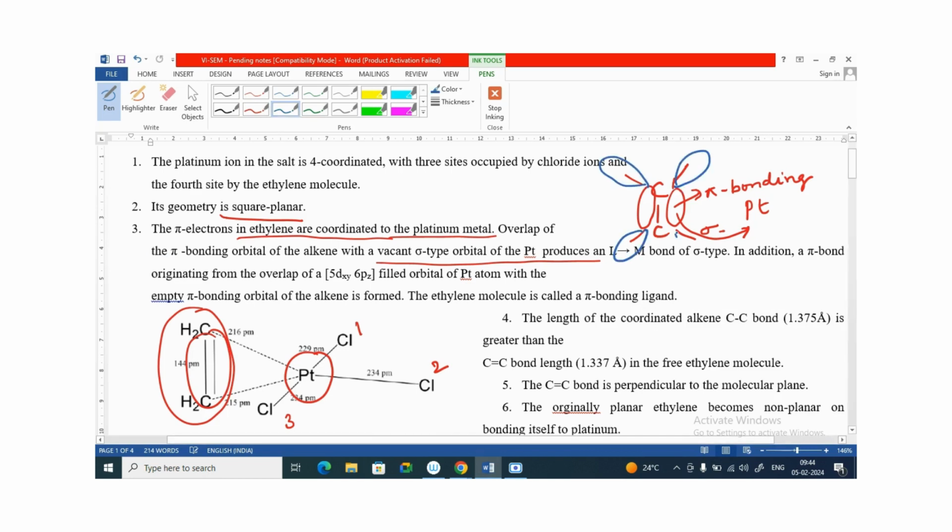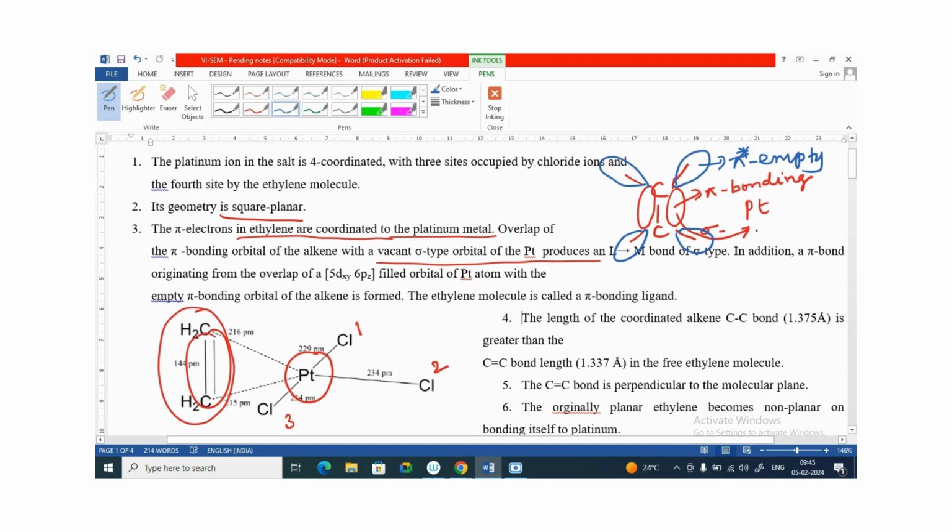This is the pi anti-bonding molecular orbital. These empty pi star, that means pi anti-bonding, higher energy molecular orbitals have a pi interaction with the filled platinum T2g orbitals.